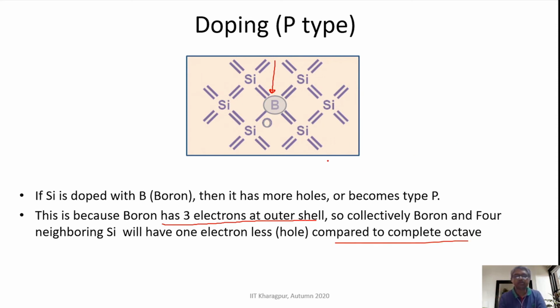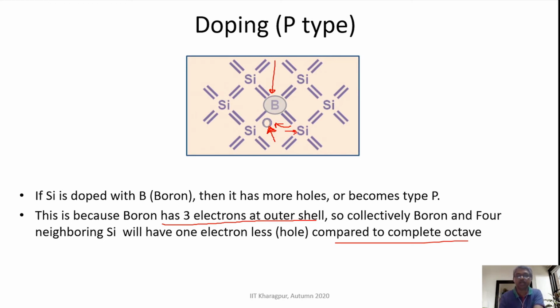So what will happen is there will be a thing called holes. This is known as a hole, which is a deficiency of electron, and these holes can be occupied by adjacent electrons. Basically, if an electron jumps from this covalent bond to these holes, the holes will move in the opposite direction. So the hole movement is opposite to the direction of electron movement.